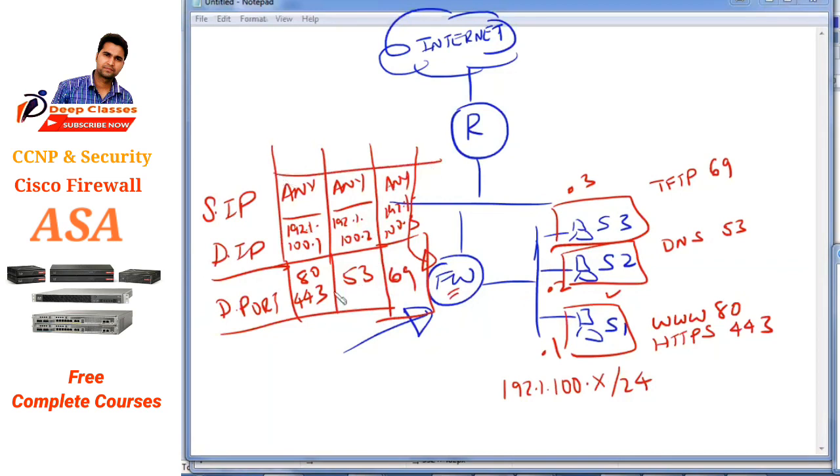So if they try to mix and match, it's not going to work. So yes, I'm allowing access to port 80 and 443, my web applications, but only if the destination IP is 100.1. I'm not allowing it if somebody tries to do HTTP to my DNS server. Everybody okay with that?